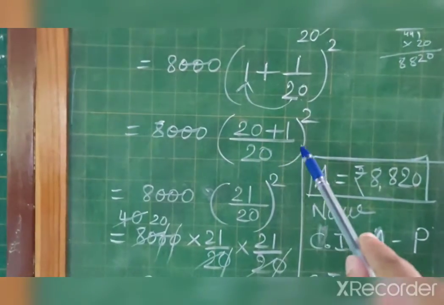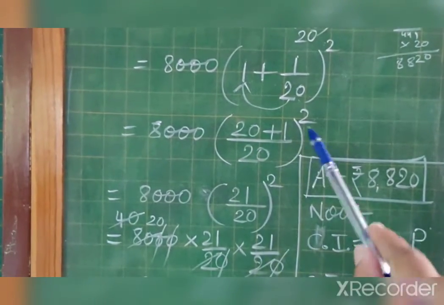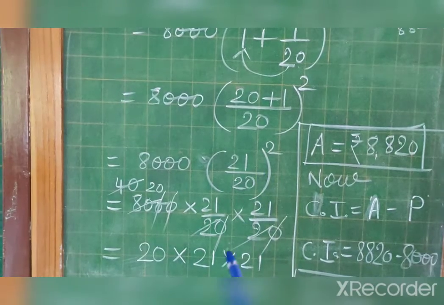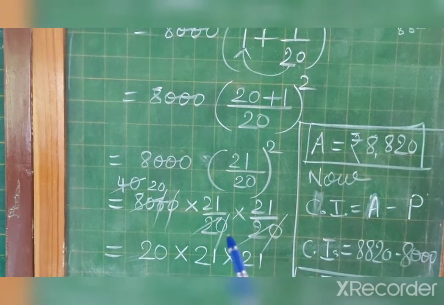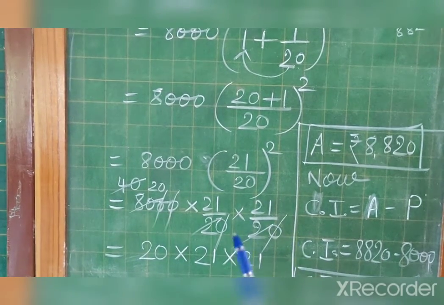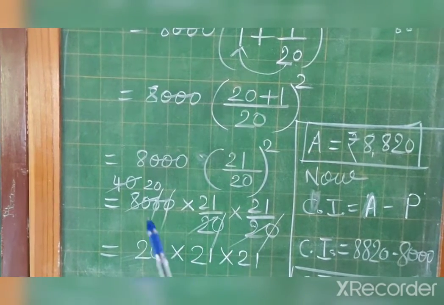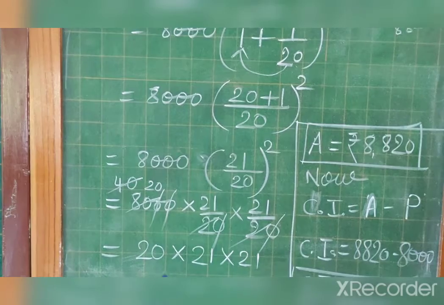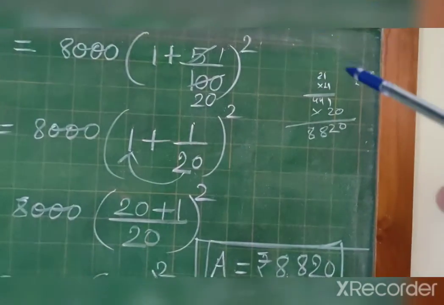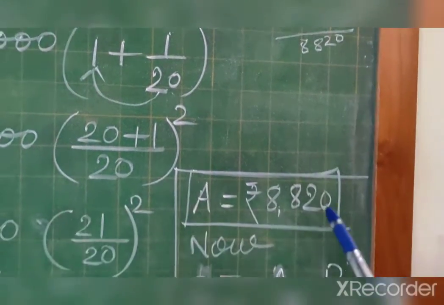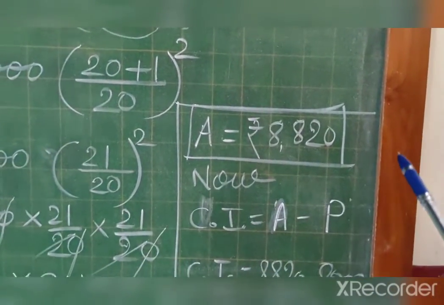So 20 plus 1 upon 20 to the power 2. 8,000 into 21 upon 20 whole square. So 8,000 into 21 upon 20, 21 upon 20. These 2 zeros cancel, and 2 4s are 8. So 20 into 21 into 21, and after calculating in the rough work, you will get amount 8,820.